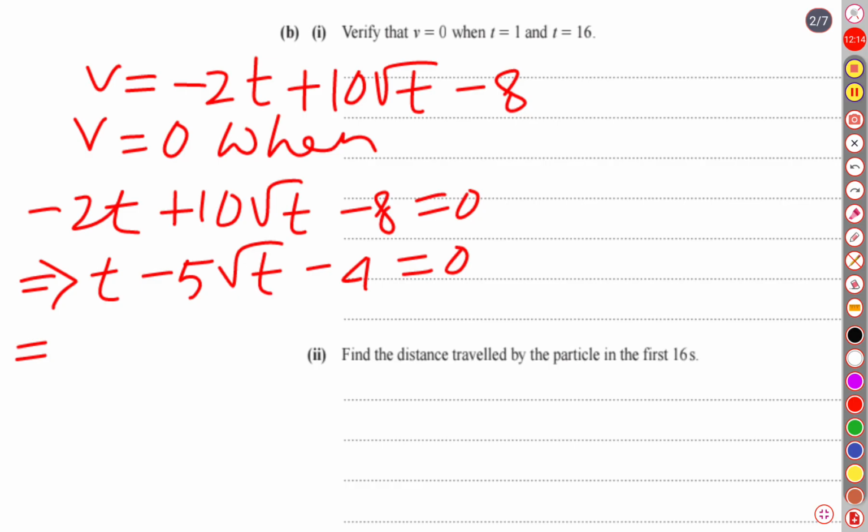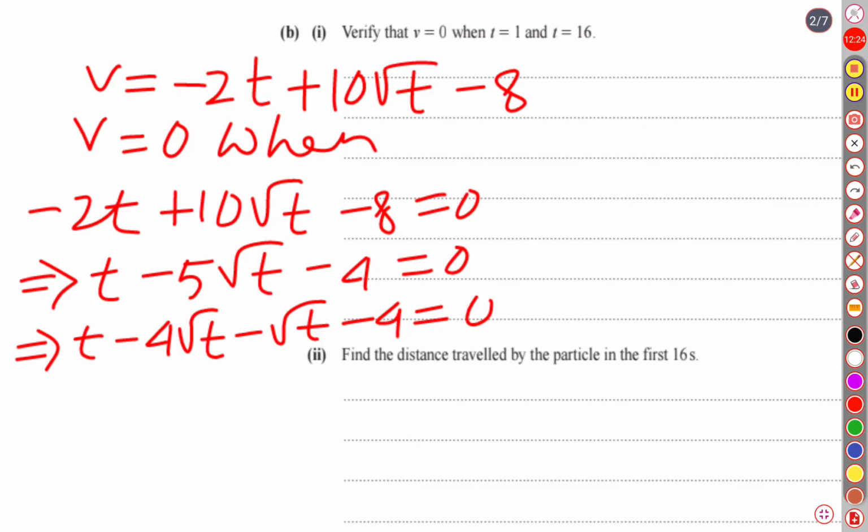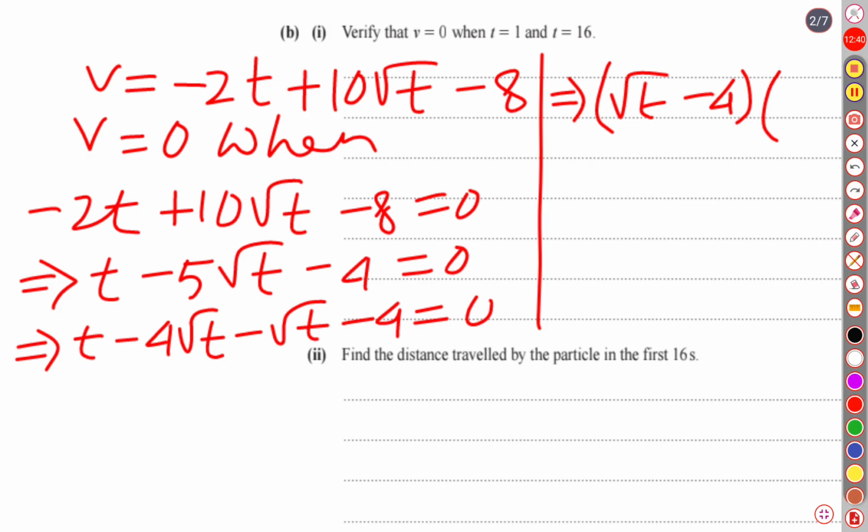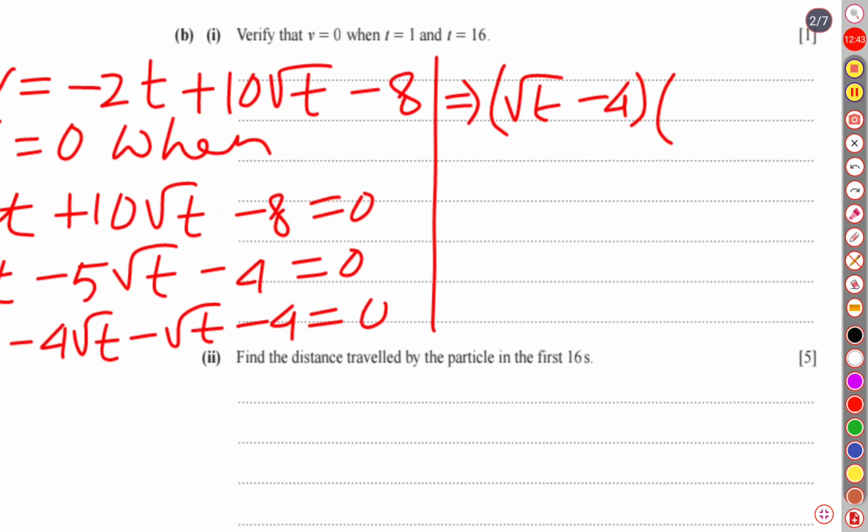If we expand this, it is going to be t minus 4 square root over t minus square root over t plus 4 equal to 0. If we factorize this, square root over t is common, so square root over t minus 4 is the first factor, and the second factor is going to be square root over t minus 1 equal to 0.